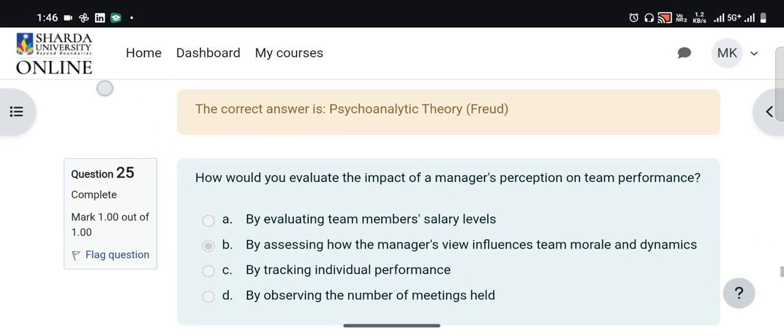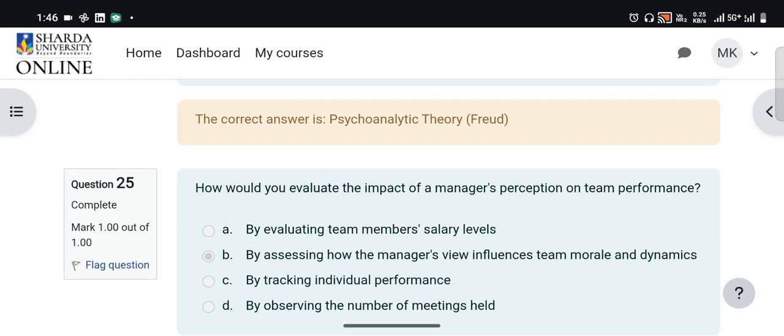Question number 25. How would you evaluate the impact of managers' perceptions on team performance? Option A, by evaluating team members' salary levels. Option B, by assessing how the managers' views influence team morale and dynamics.